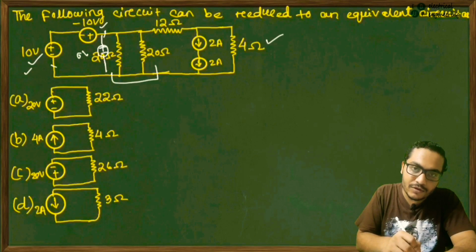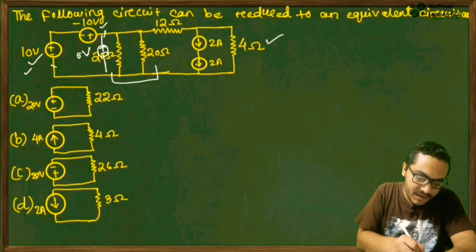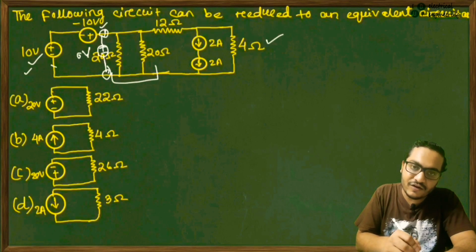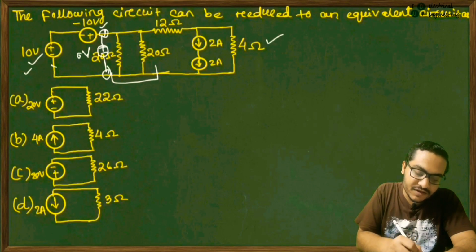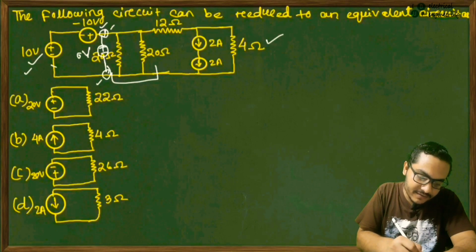As the source voltage is 0 volt, the 2 points get short circuited, which means the potential difference between these 2 points equals 0, that is, the potential at this point equals the potential at this point. So the path will get short circuited, like this.